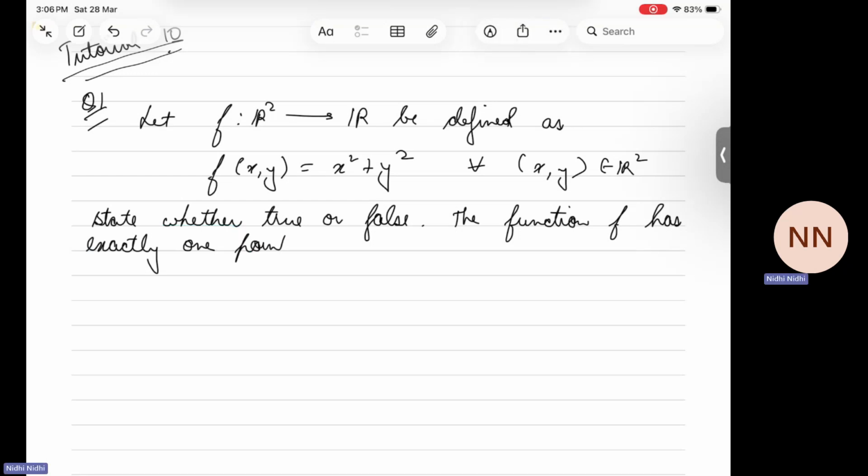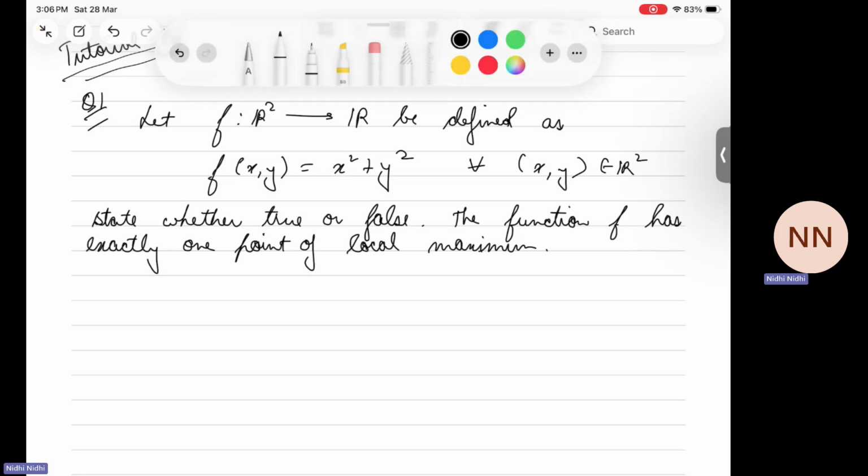One point of local maxima. Now, what do we mean by a local maximum?